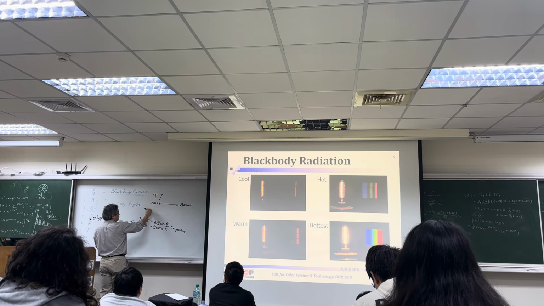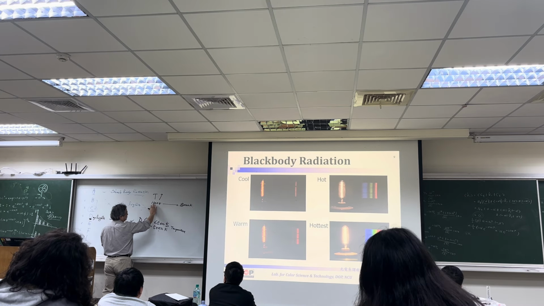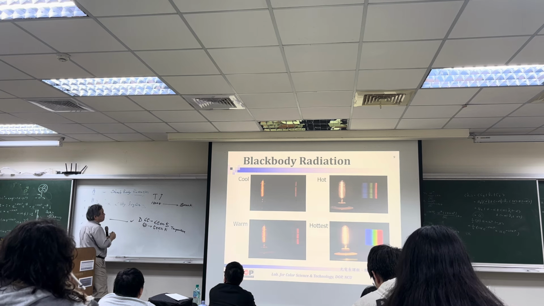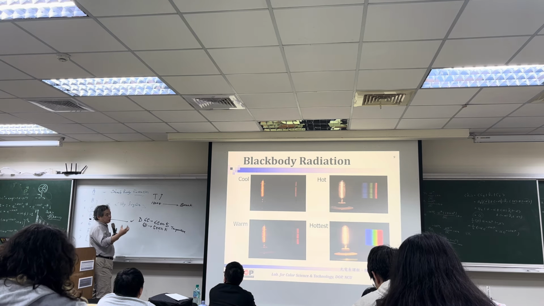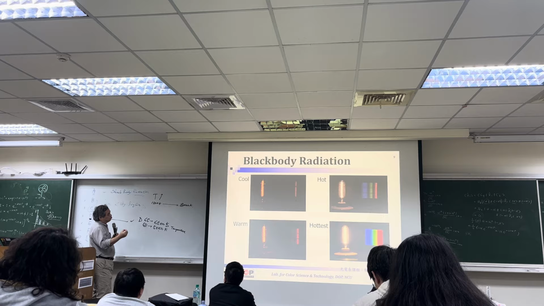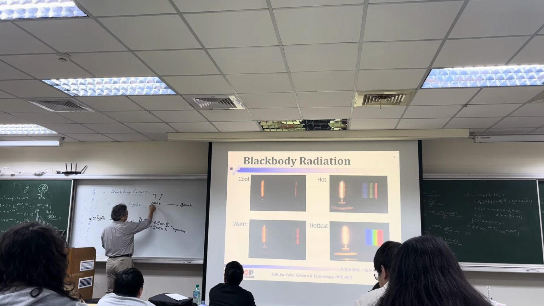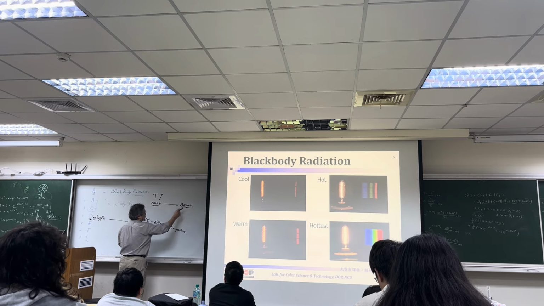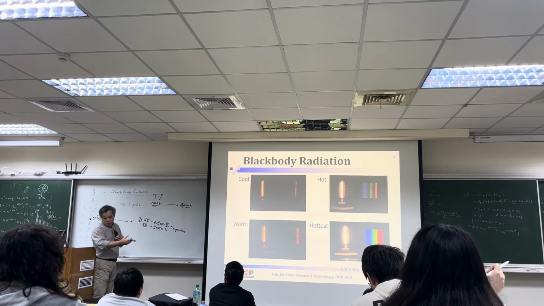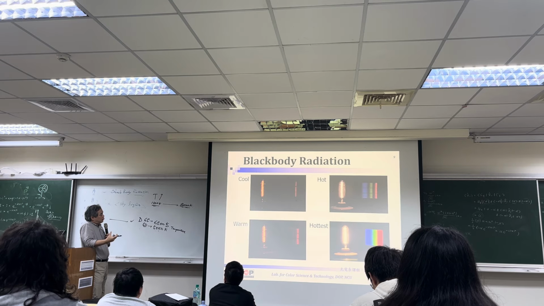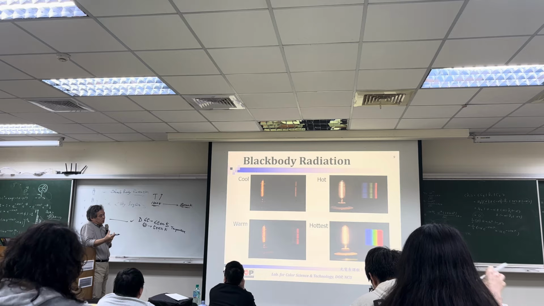After the temperature is over around 1,500 K, you will see the iron bar have some light emission. So the temperature of a physical material changes the light brightness level and the colors.